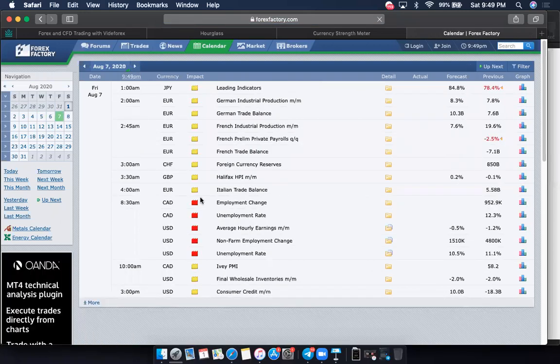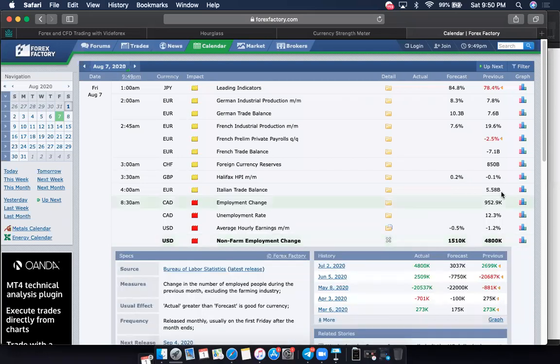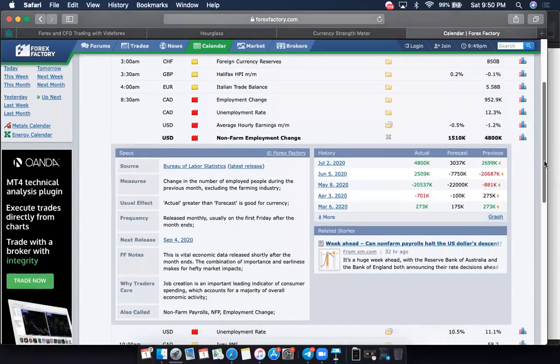So on Friday, you will see red folders across the board on the US dollar and the Canadian dollar. Non-farm payroll is when the unemployment rates go out, employment change. This news moves the market very, very rapidly. If you want to check out what that means, you click on the folder.